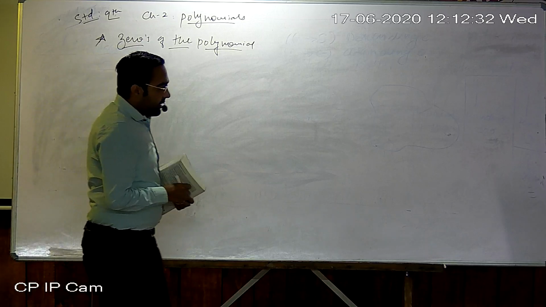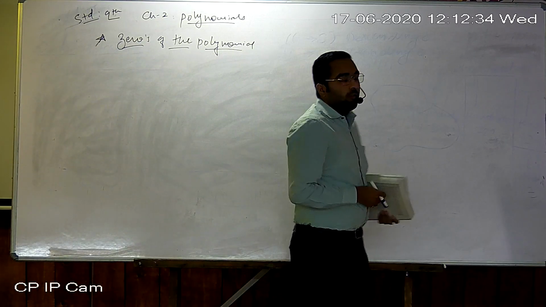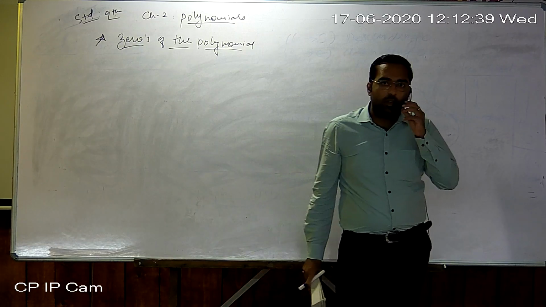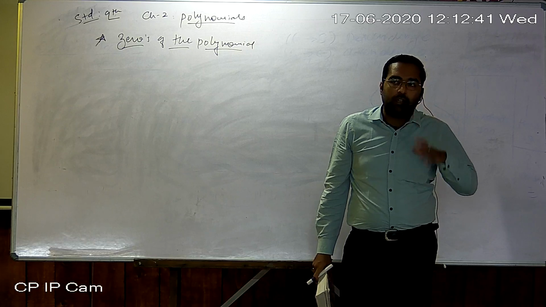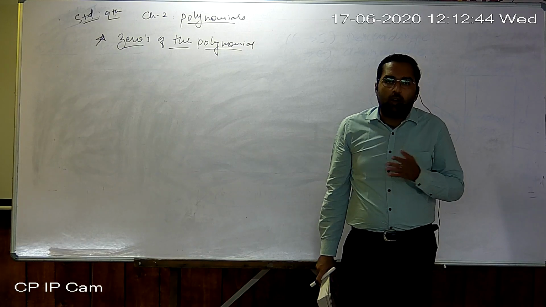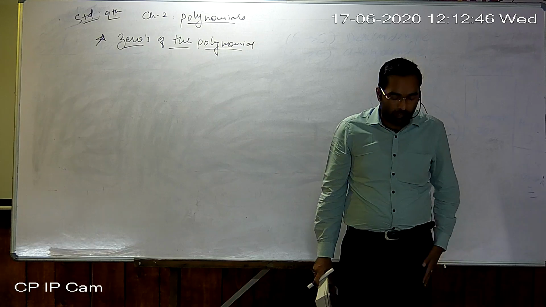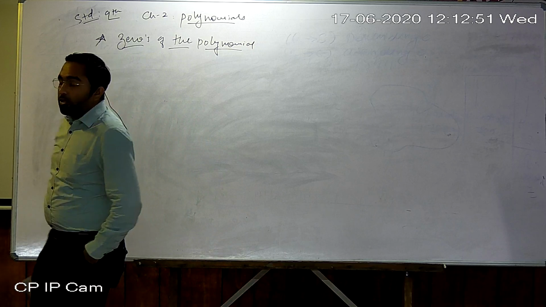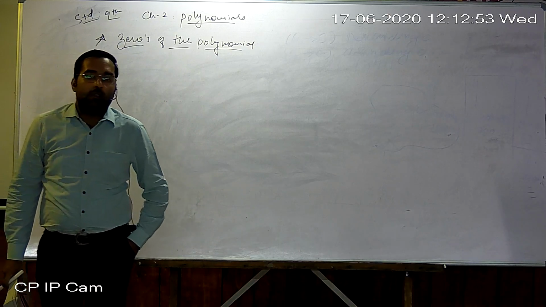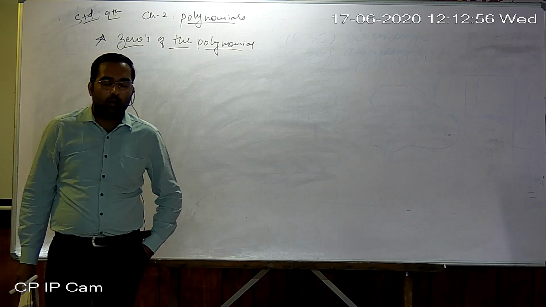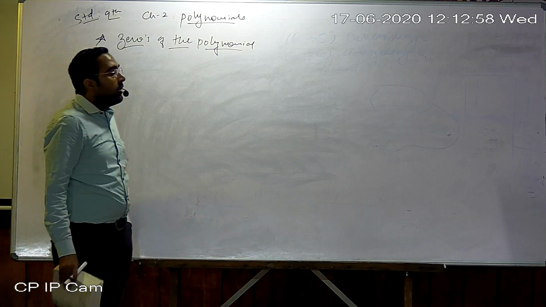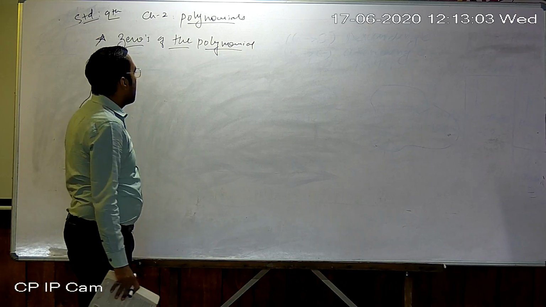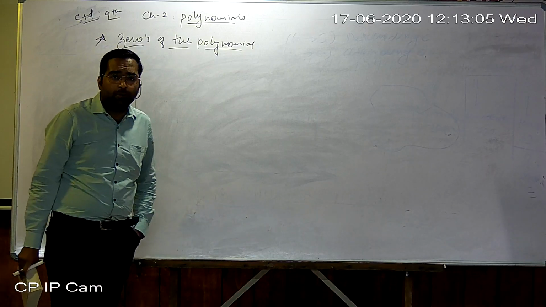As per the previous lectures, we learned how to find zeros and how to check whether given zeros are factors of the given polynomial. We already learned about the linear polynomial and the quadratic equation. In the quadratic equation, we learned the middle term splitting method to find zeros of the polynomial.